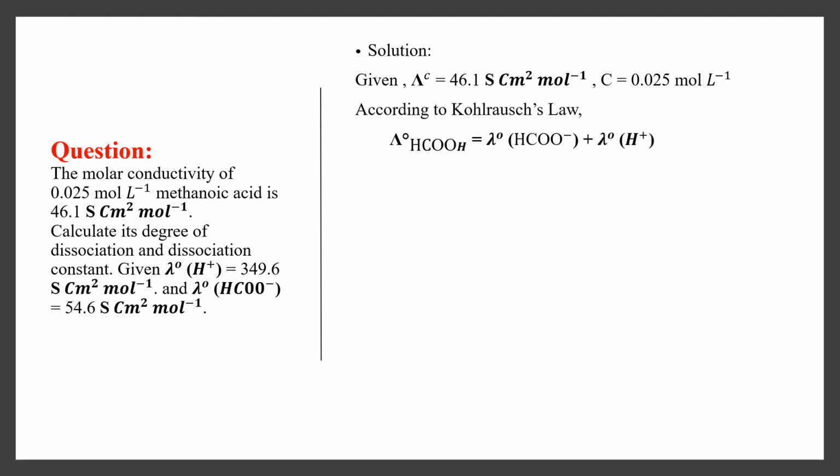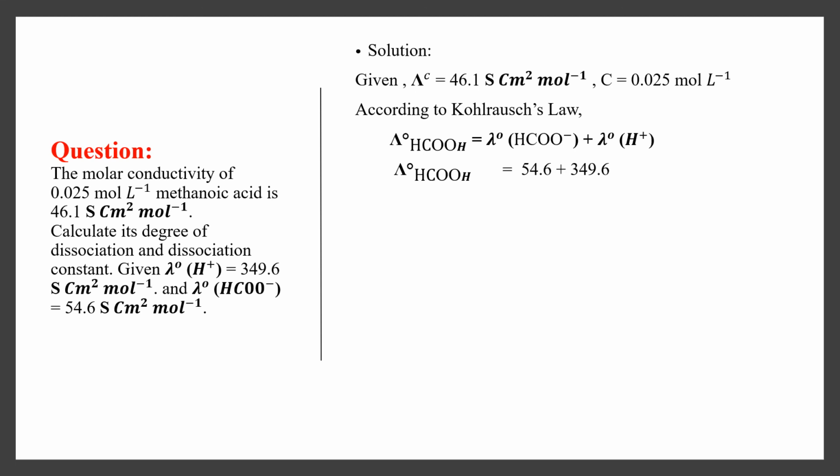According to Kohlrausch law, the molar conductivity of methanoic acid at infinite dilution will be equal to the summation of molar conductivity of its individual ions at infinite dilution, and the values of the individual ions are given.